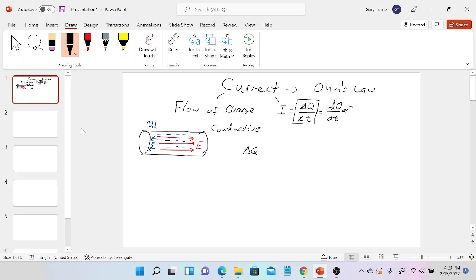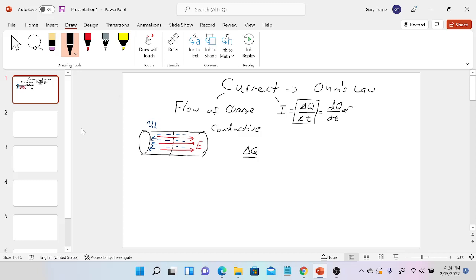If I want to count the total number of charges that move past a given point, so for example, if I have a really super duper microscope that can actually see the flow of charge, and I just label this line as my quote unquote line of observation, and I count how many electrons move past that line in a given time interval, then that's what I'm going to label as my value of delta Q. Okay.